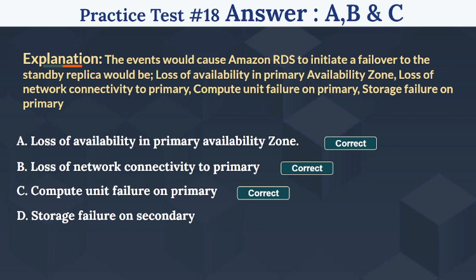The events that would cause Amazon RDS to initiate a failover to the standby replica would be loss of availability in primary availability zone, loss of network connectivity to primary, compute unit failure on primary, and storage failure on primary. Let's move to next question.